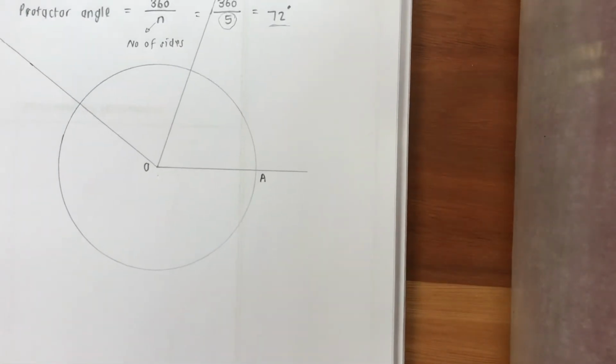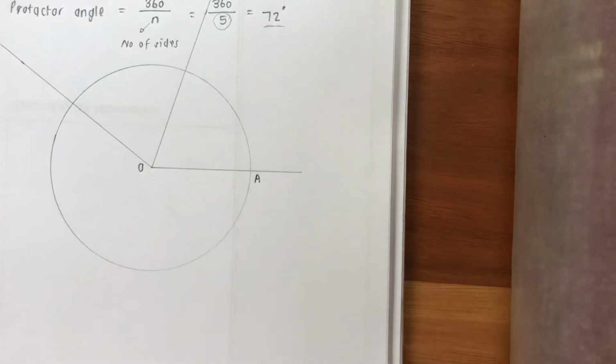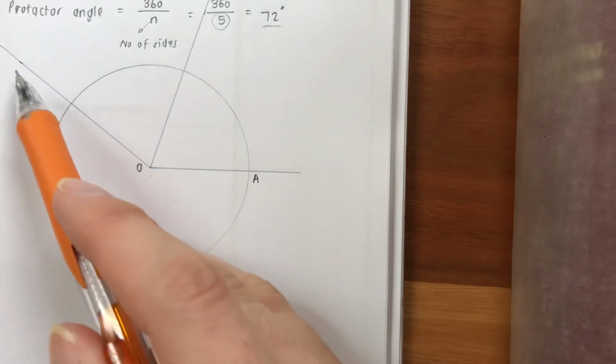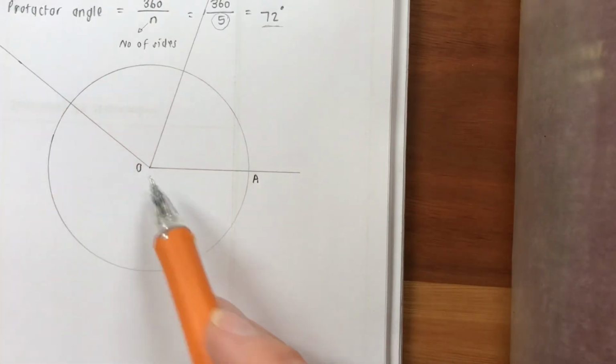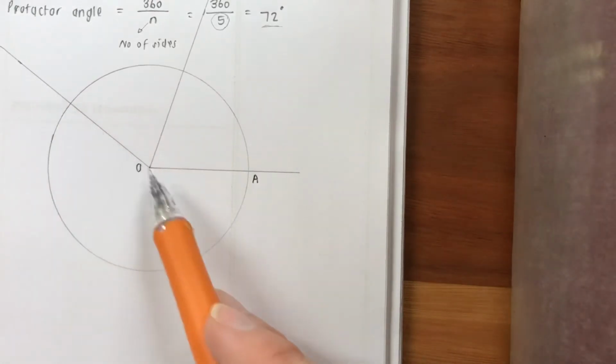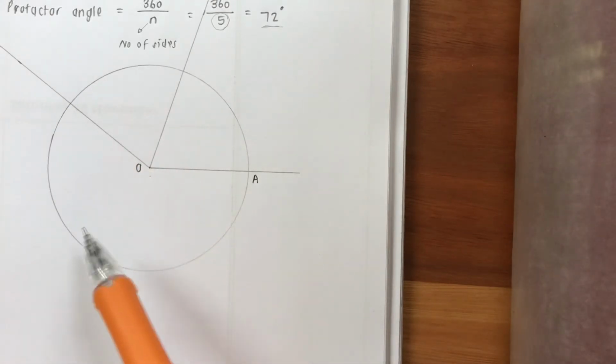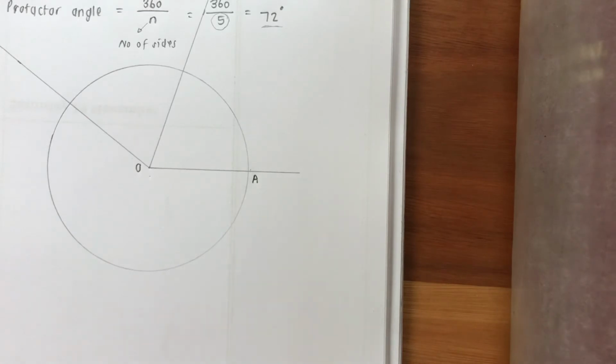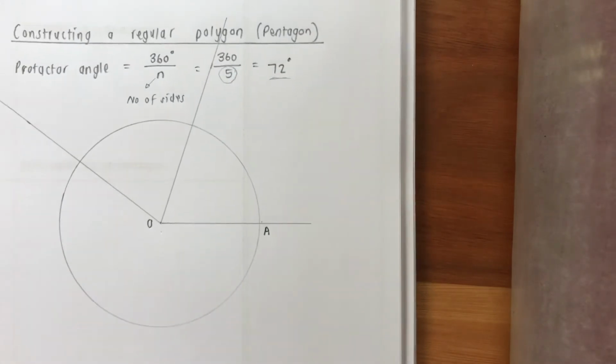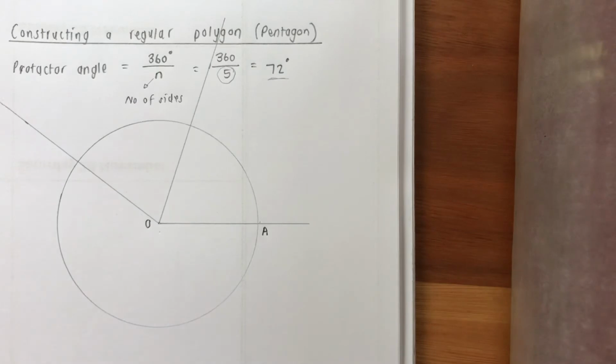Now, it's not necessary to do it for everything, but you can do it that way, okay? You can measure again, you'll place your protractor here on this line, make sure that your 0 lines up on that line, then you measure again 72 degrees, then again, and then again, until you get back to the place where you started. But you can also use this method.